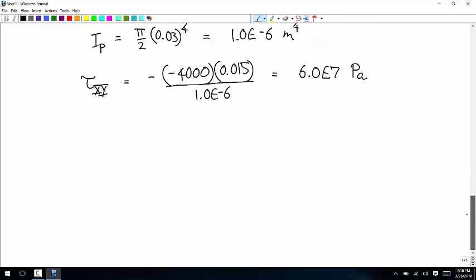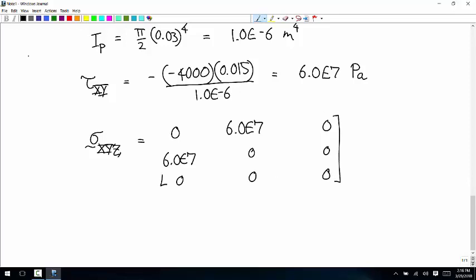Okay, so in our rotated coordinate system, what we have for a stress tensor in the capital coordinate system is 0, 0, 6.0 times 10 to the 7th, 0. And then symmetry, 0, 0.